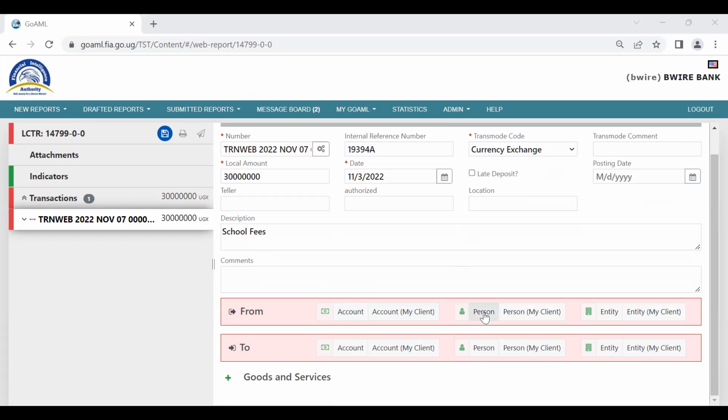I want to move on to the transaction details. You have left out the seller, authorized location. Sorry, there was a lot of background noise.